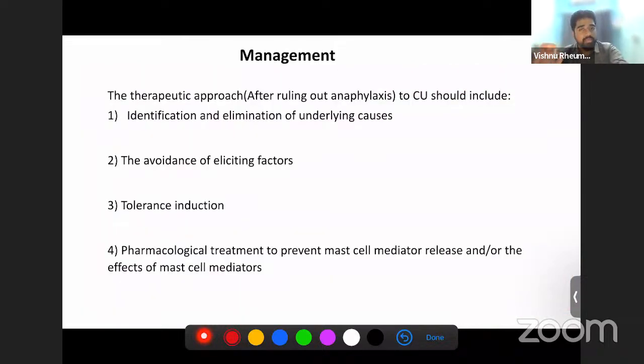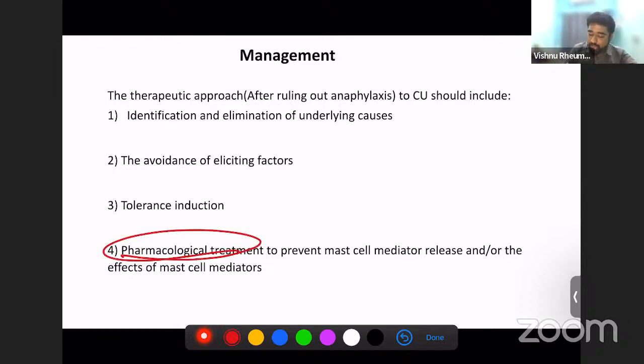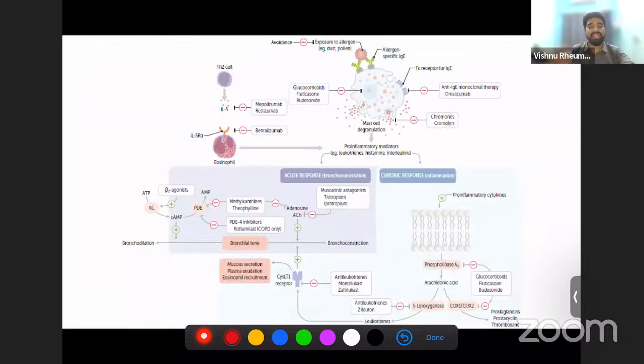Management, apart from avoidance of your triggering factors, the other thing is tolerance induction that can be given. If you know the trigger, you can slowly give small amounts to enhance tolerance to that particular agent. And pharmacological treatment involves your various mediators of allergy. So allergic mediators, we already know, if it is an acute response, it usually is associated with your acetylcholine, whether it be your muscarinic antagonists or your phosphodiesterase.